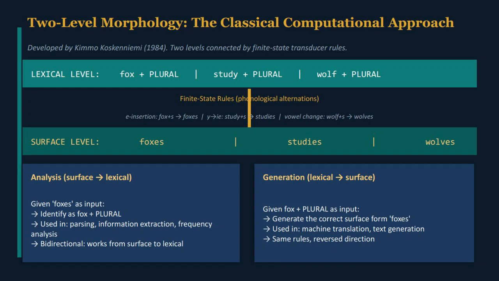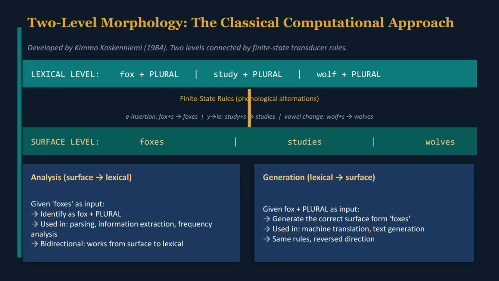Let's discuss two-level morphology in this regard. How do computational systems handle morphological analysis? The classical approach developed by Koskenniemi in 1984 and still widely used today is called two-level morphology. The basic idea is this: every word form exists at two levels.